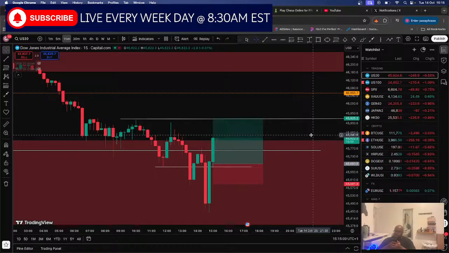Alright, on this next candle, I want to see it just break free completely. I don't want to see any rejection back into the gap. I want to see it break through completely.